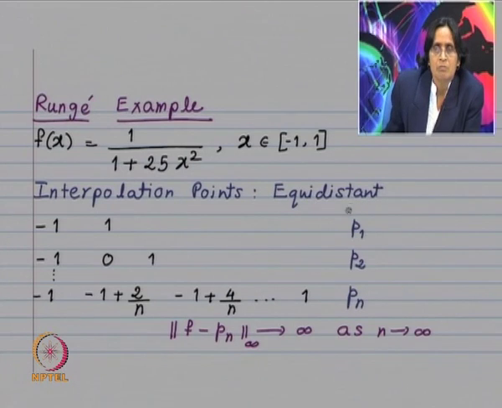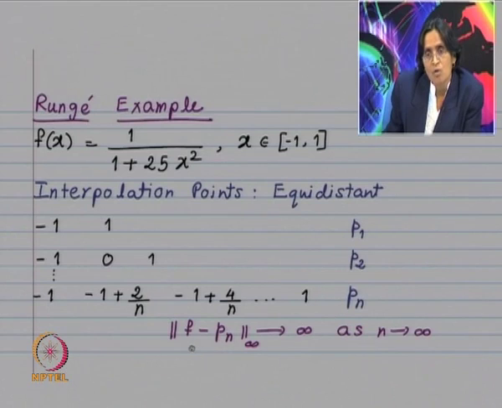If you want to consider p_1, you will need 2 points. So, take them to be -1, 1. For p_2, you will need 3 points. So, take them to be -1, 0, 1. For p_n, you will need n+1 points. So, divide -1 to 1 into n equal parts and look at the partition points.